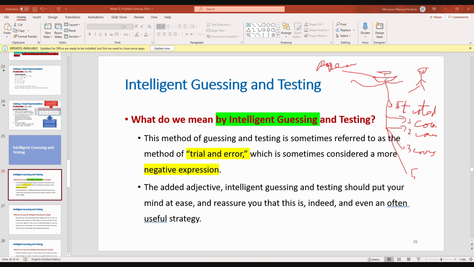So in that case, he tries and he guesses something. He finds that maybe if the weight is equal to 5 coins, or if the number of coins is 5, then the boat will sink.